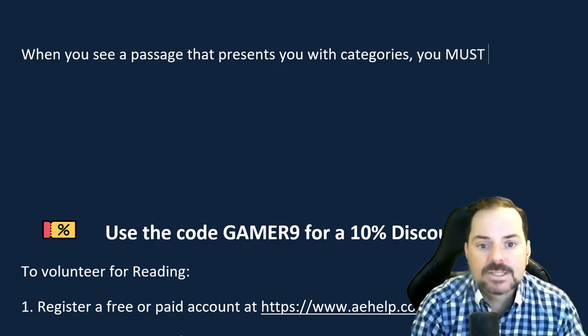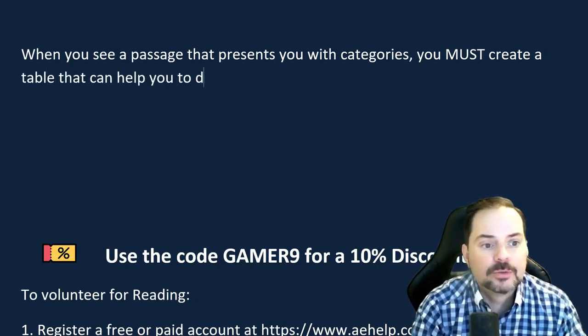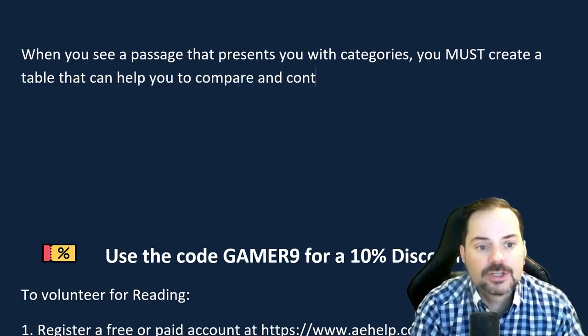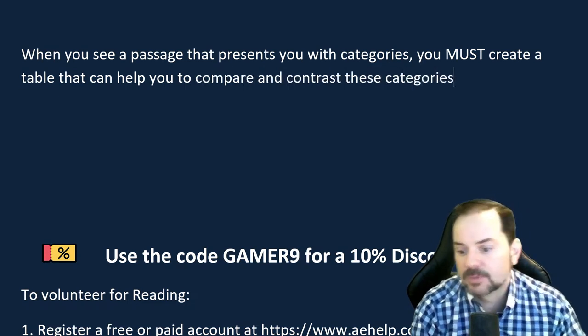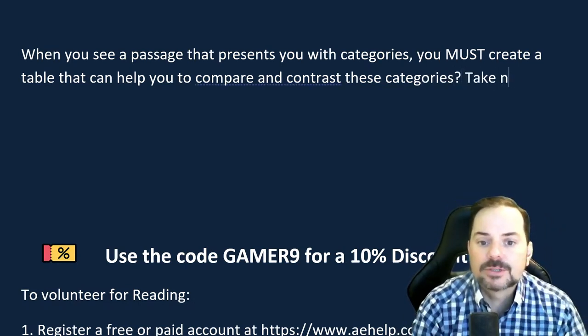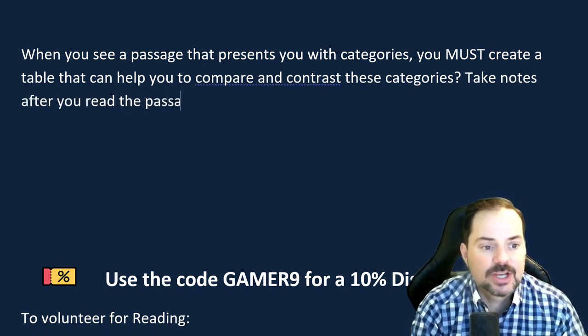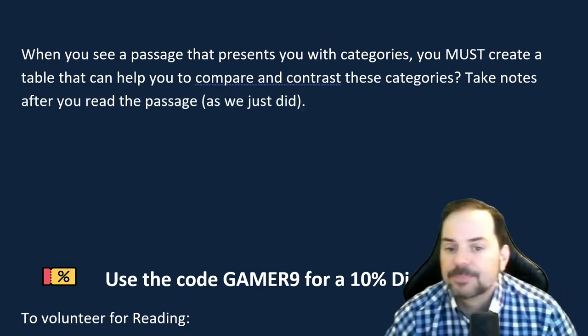You must create a table that can help you to compare and contrast these categories. Okay, so everybody's got it. Yes, sure. All right. Take notes after you read the passage as we just did. Okay, that will help you.